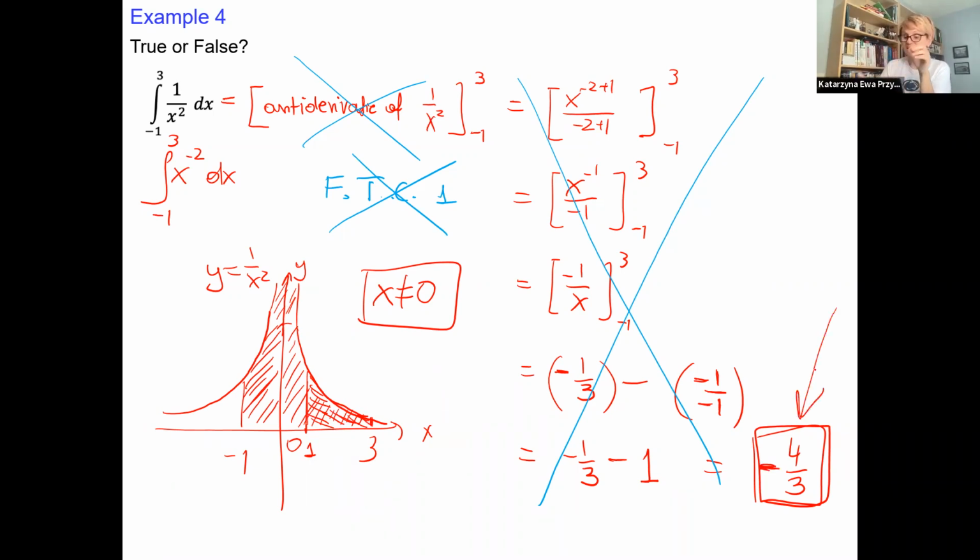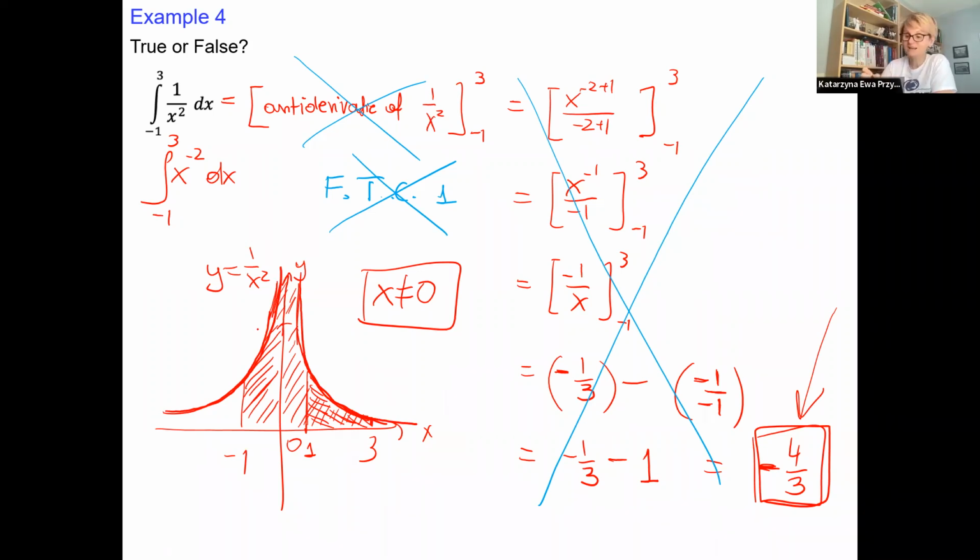Do you think a negative answer makes sense? For a positive function, the function is placed above the x-axis, so the answer is supposed to be positive. But we got negative. That means something is definitely wrong. It doesn't make sense because everything is above the x-axis, but we do have a problem.